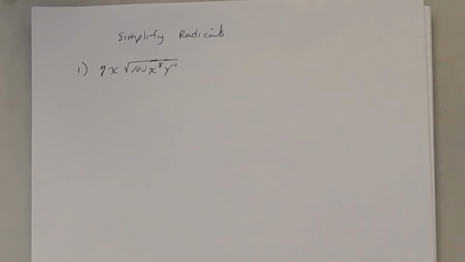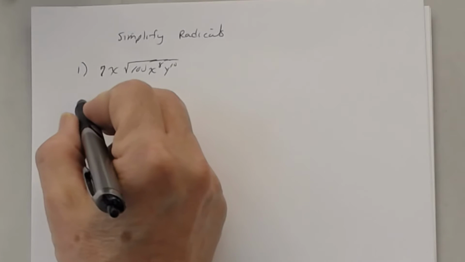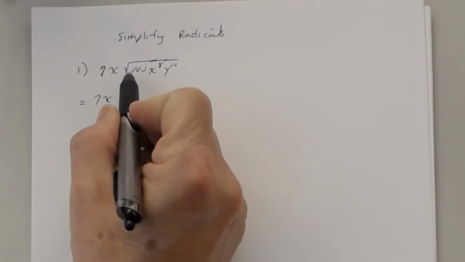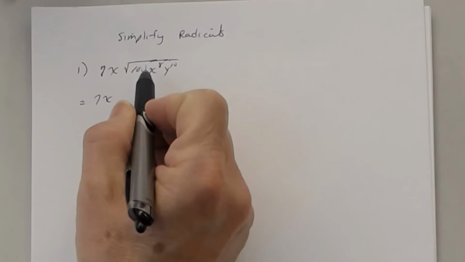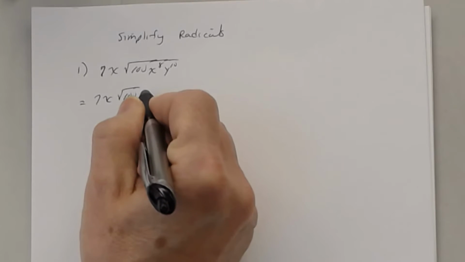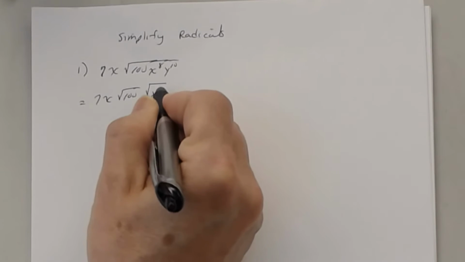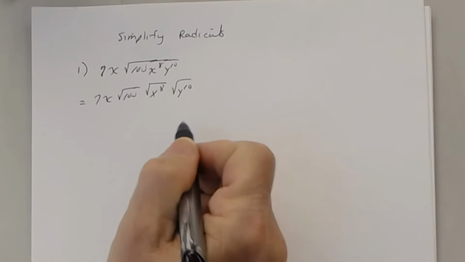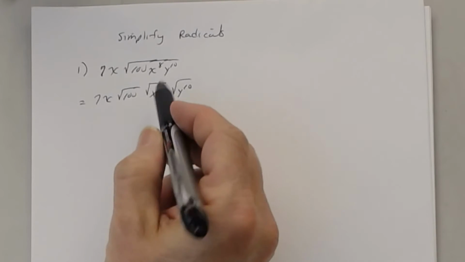But remember, the best way to do these problems that look like this is to actually rewrite them. So this is 7x, and then you have this radicand here, and I'm going to rewrite this as the square root of each of those factors. So the square root of 100 times the square root of x to the 8th times the square root of y to the 10th. And then you have to remember some things we've talked about.